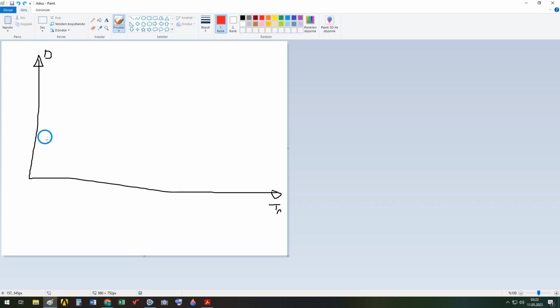Okay, this is our response spectrum. For example, think that we are in Chicago, and I created a response spectrum, and El Centro happened in Chicago.